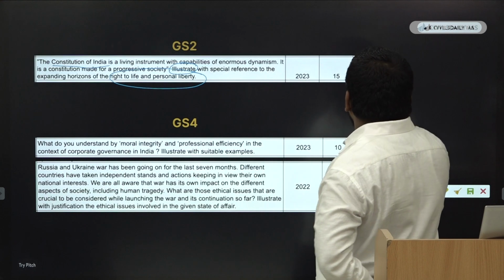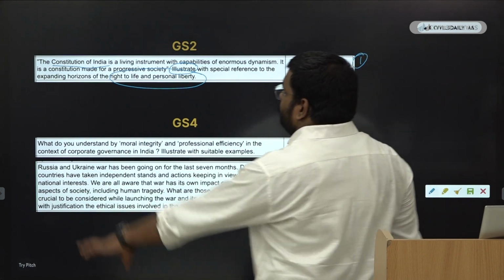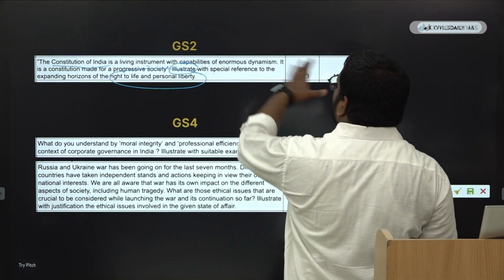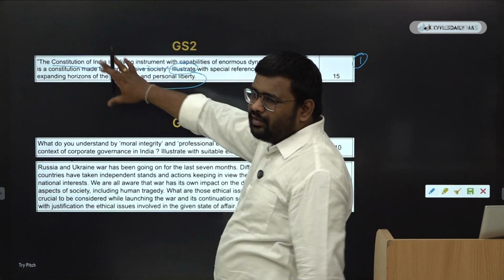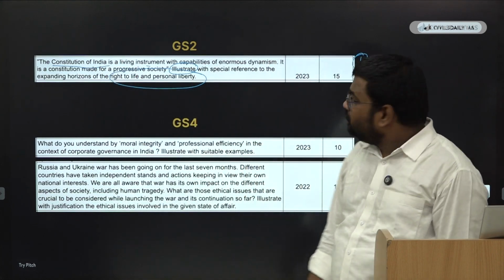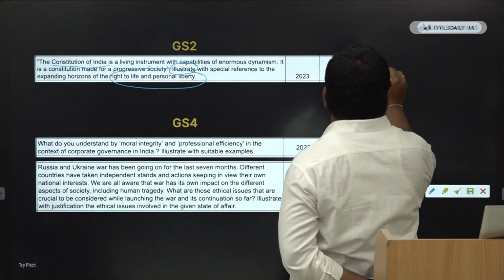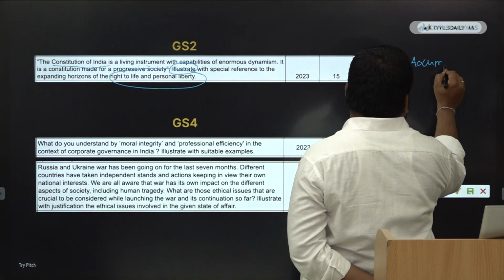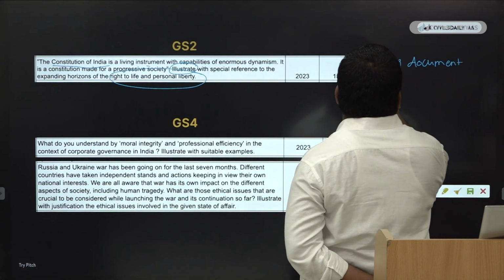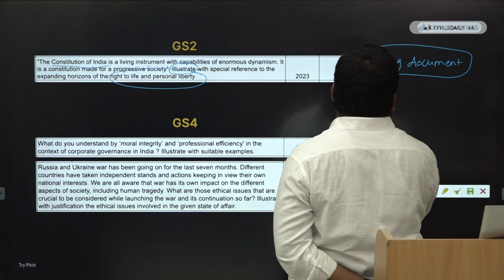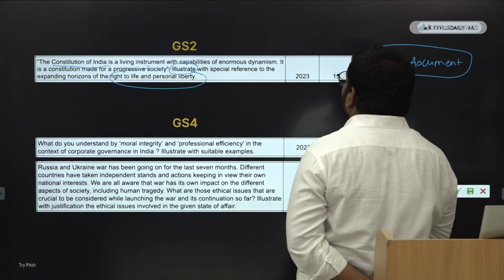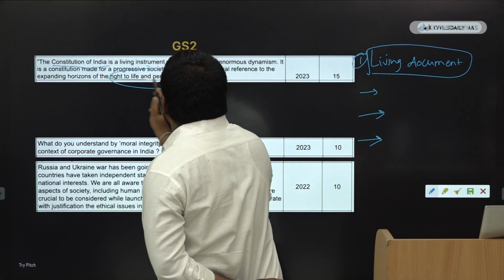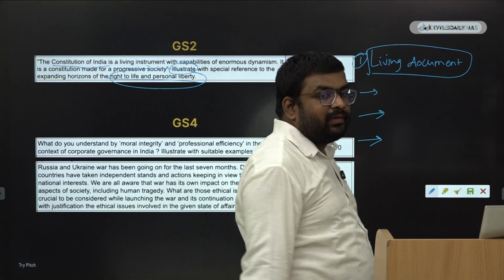So suppose you write the point that the Constitution is a living instrument, capable of enormous dynamism, which is basically the significance of the Constitution. So "Constitution as a living document" can be your subheading, and under it you will illustrate by giving specific examples of the expanding horizons of the right to life and personal liberty.